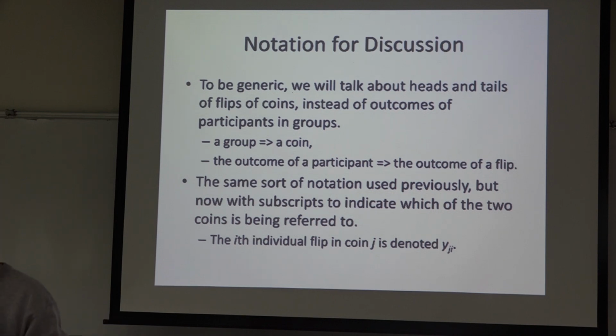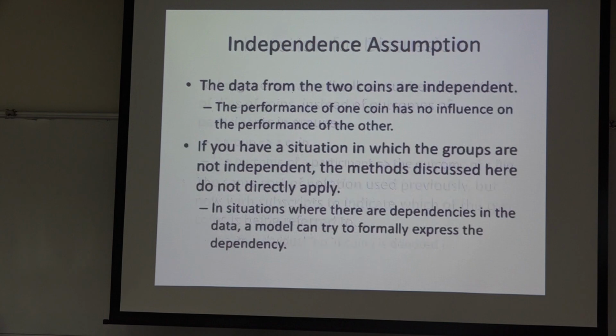That should be very easy to understand. The notation is basically the same, except that we now have a subscript. If you see a subscript, you know which coin the notation is referring to.